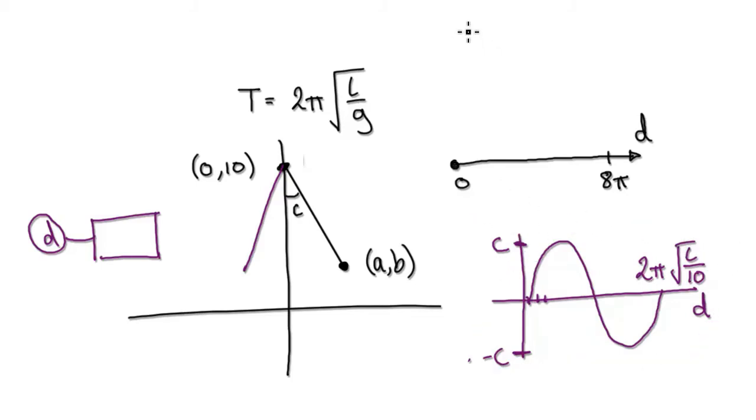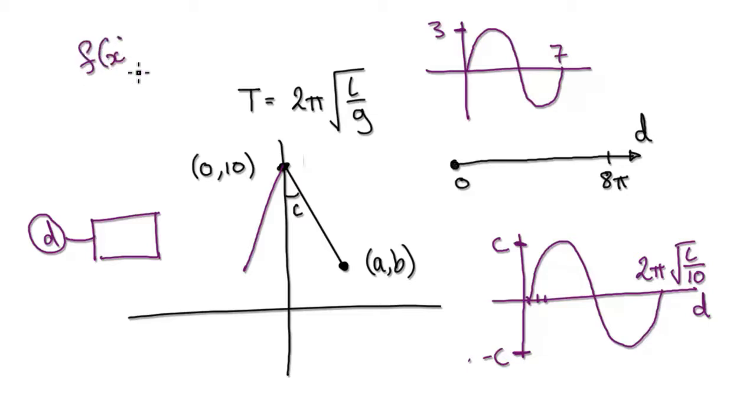If I were to give you this, let's say we've done this in the past a long time ago. Let's just say I want an amplitude of 3 and a period of, let's say, 7. How would you come up with the formula for this? Well, it would be f of x equals something sine, and the amplitude would be 3.